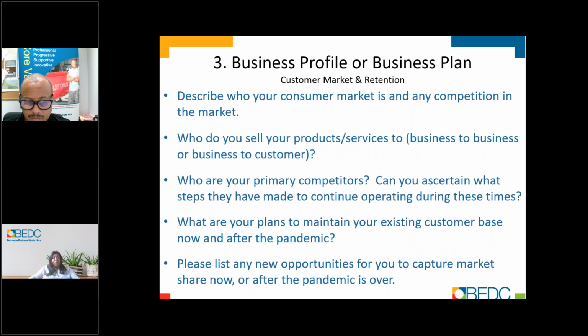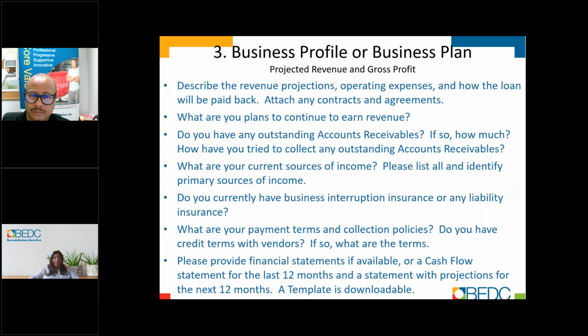This is talking about the customer market and retention, right? So who are your competitors? If someone has $100, that's the disposable income, how will they spend it? So it may not be a competitor in your particular industry, but it may be something similar. So you have to highlight that. And then projected revenue and gross profit.